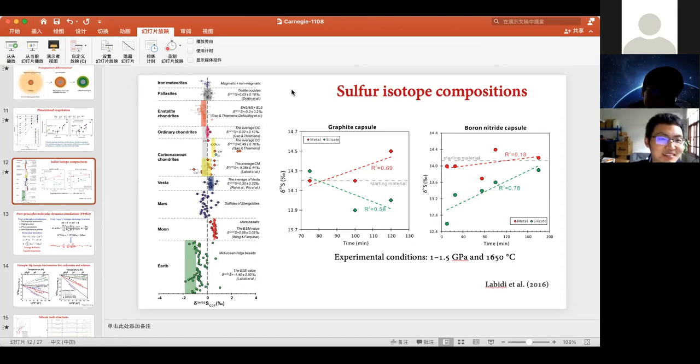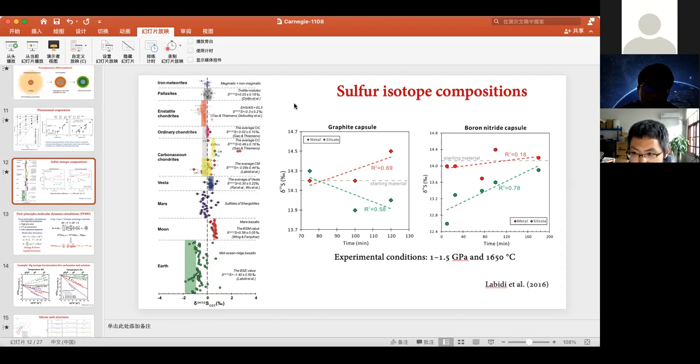For example, if we want to use the veneer to explain the negative sulfur isotope compositions, we need to know where are the materials with very negative sulfur isotope compositions. There are lots of materials from space, all of them have sulfur isotope compositions larger than the Box-String curves.